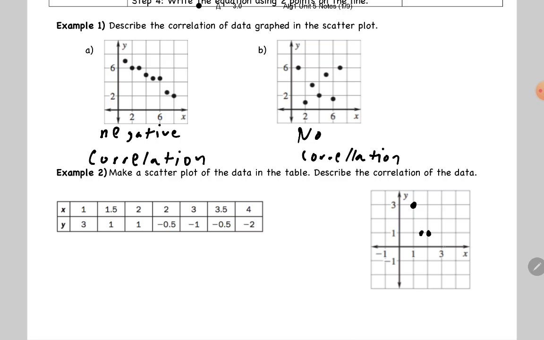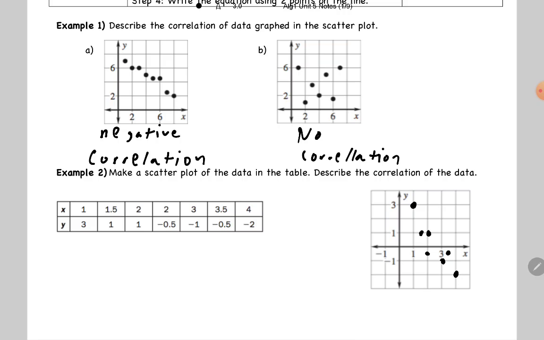And then 2, negative 0.5, which is right here. 3, negative 1. 3.5, negative 0.5. And 4, negative 2. Oops, wait. 3.5, 0.5, 4, negative 2.